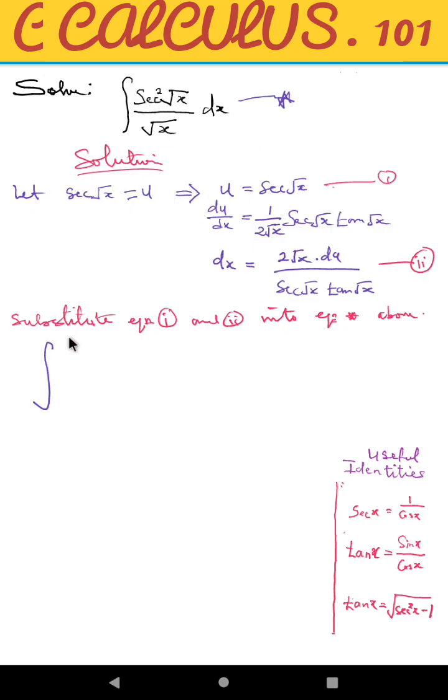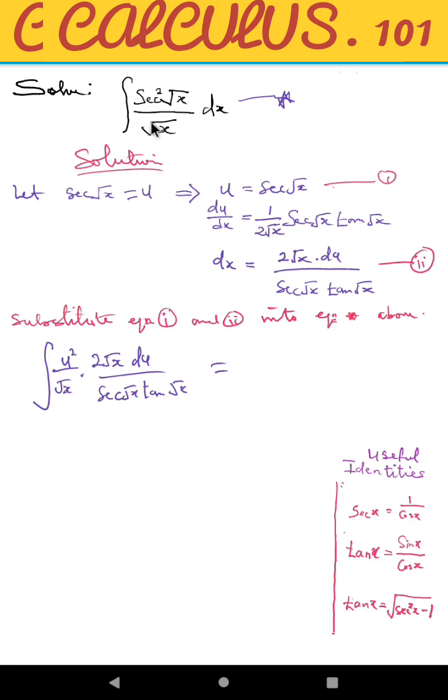so this will give me u squared, and then my root x here, and times this dx, which is 2 root x du over sec root x tan root x.